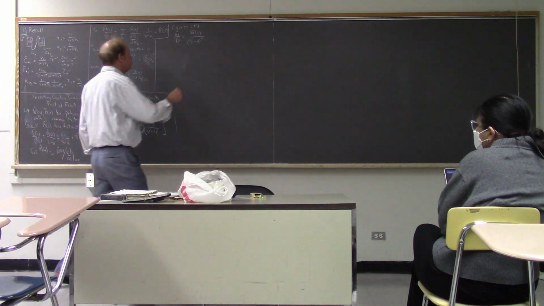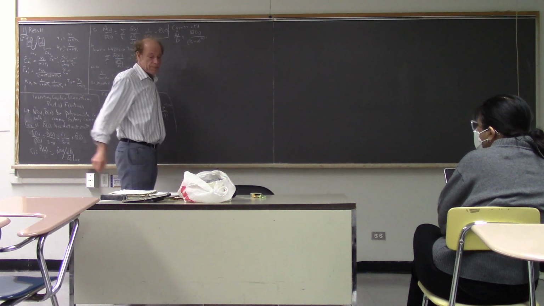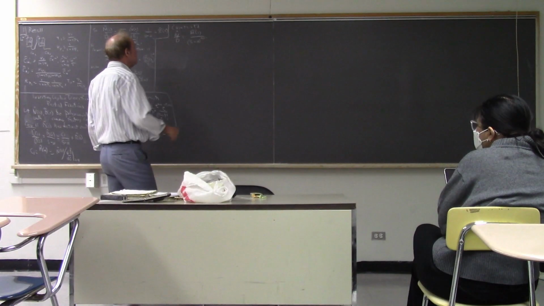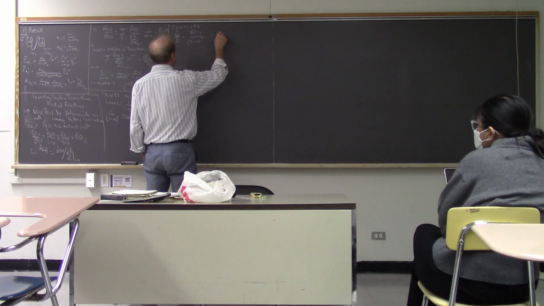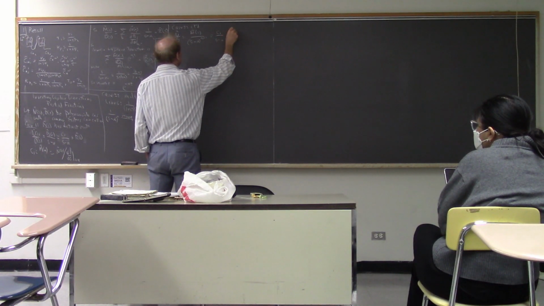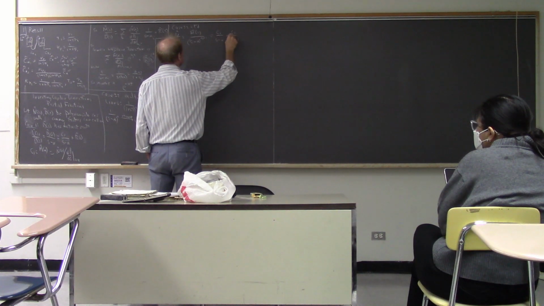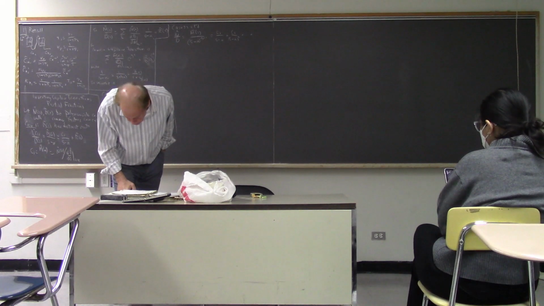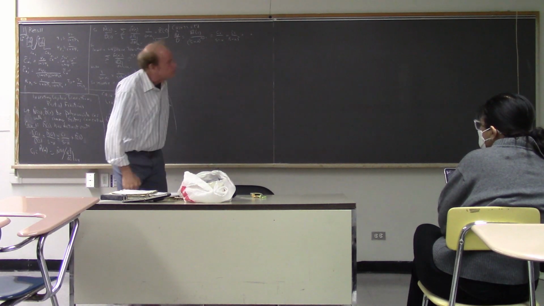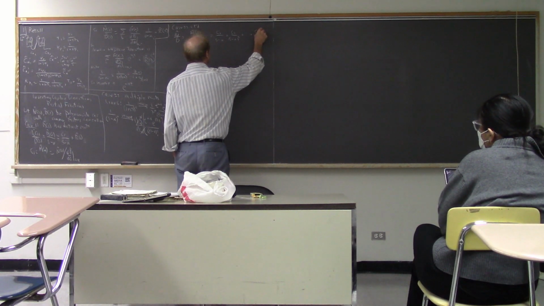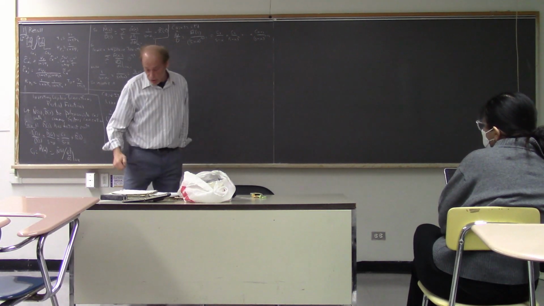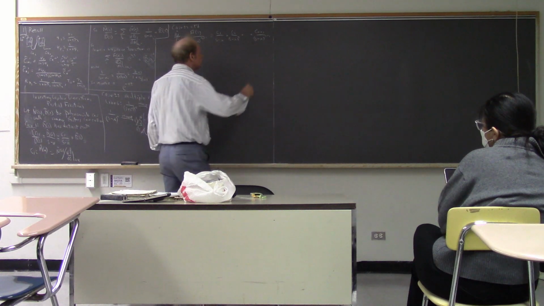And actually, let's make it n plus 1, it just makes the notation a little bit nicer. I claim that that's equal to c1 over s minus alpha plus c2 over s minus alpha squared plus dot dot dot plus cn plus 1 over s minus alpha to the n plus 1, plus r tilde.